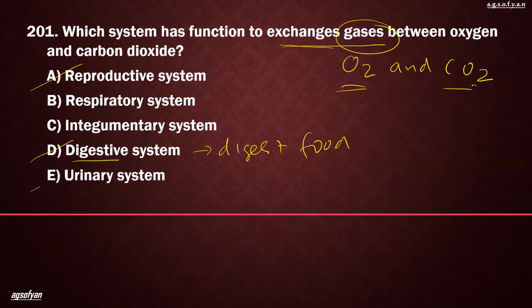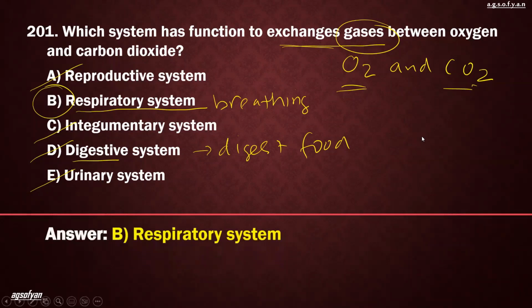Of course, this is not urinary because urinary is urine. It is not integumentary because this is the respiratory system. Respiratory, this is breathing. So that should be the answer.